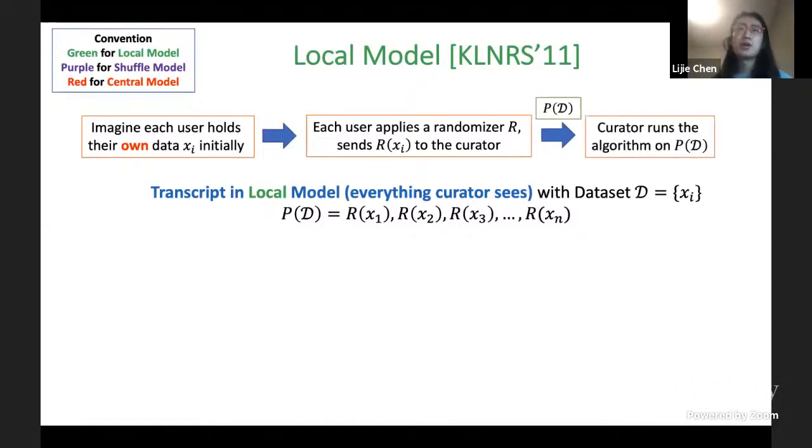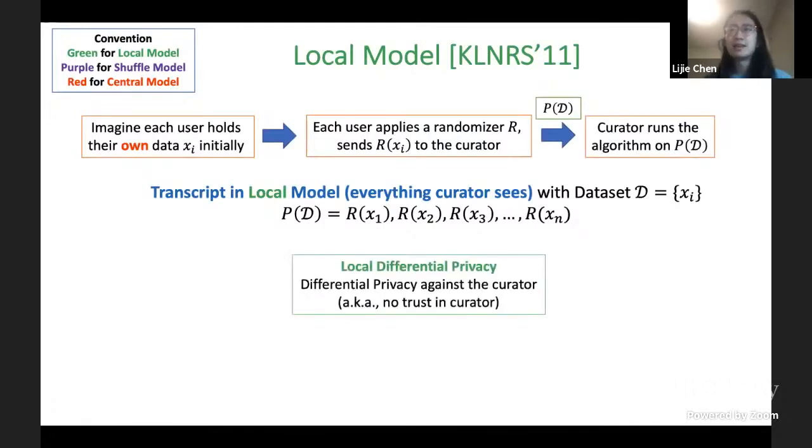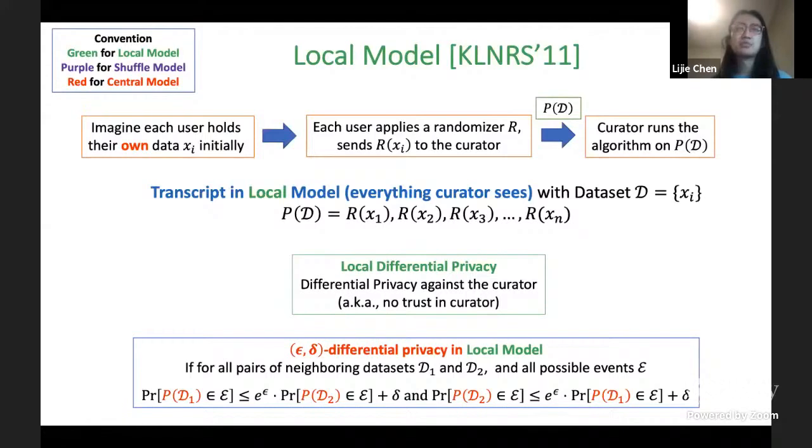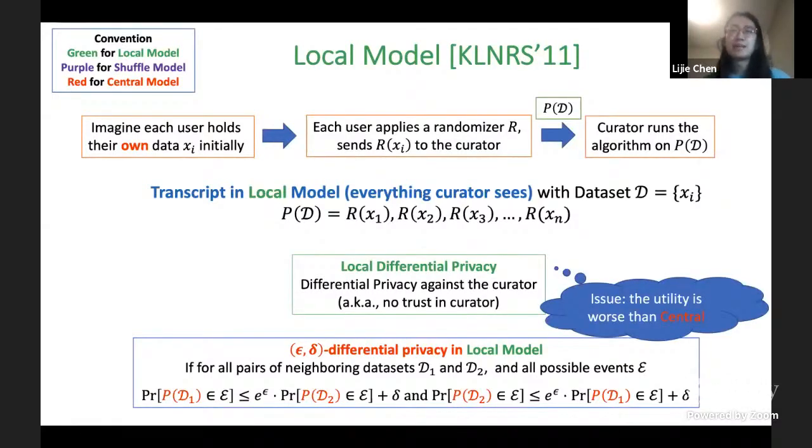And the curator just runs the algorithm on the transcript. The privacy requirement now is that even the curator cannot learn anything about a single user. So in the same spirit, we can define epsilon-delta differential privacy in the local model as follows. The definition is basically the same. This looks good, but it also comes at a price.